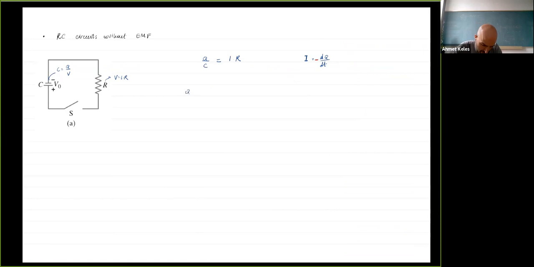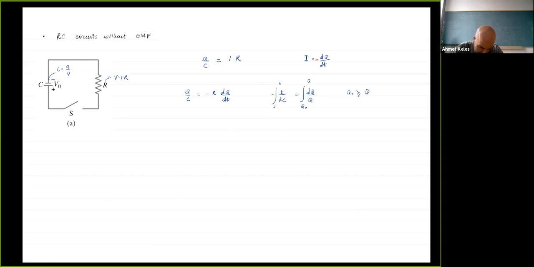Then Q over C is equal to minus R dQ over dt, or I can say minus t over RC should be equal to dQ over Q. Now integrate this side from 0 to t, and this side from some initial Q0 to some final Q, and we know Q0 should be bigger than Q at any time, or if t is equal to 0, it may be equal.